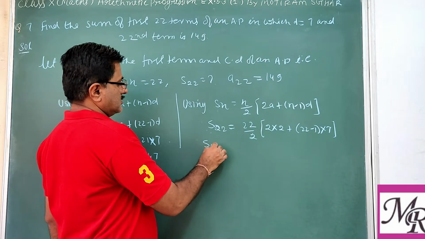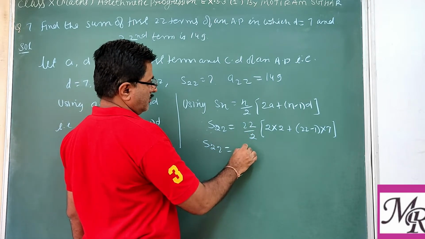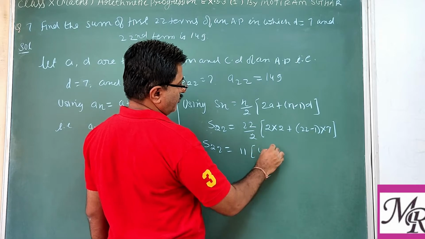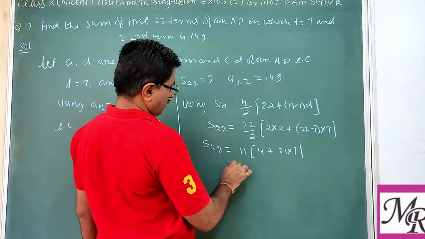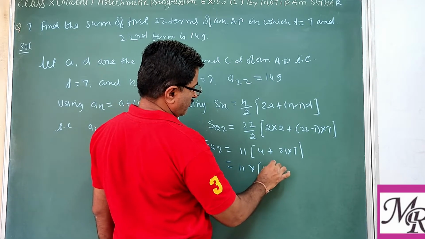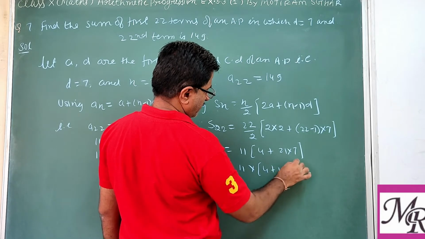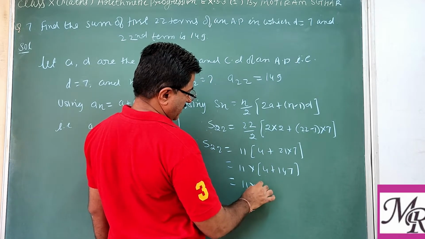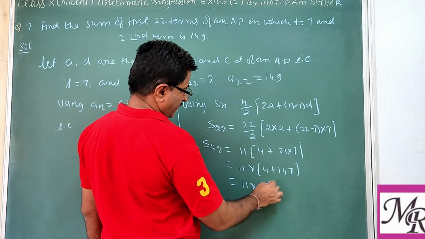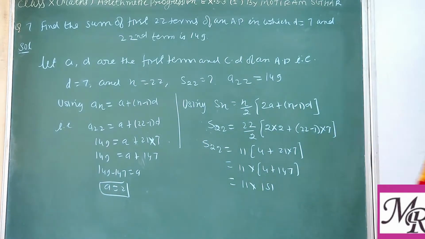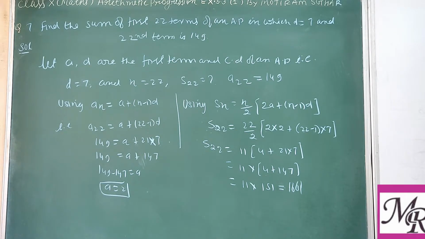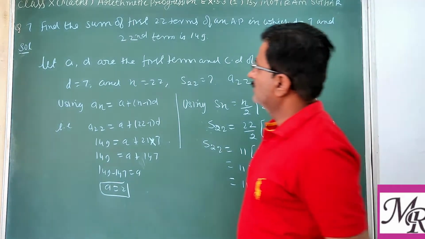So 22 by 2 is 11, 2 into 2 is 4, 22 minus 1 is 21, so 11 into (4 plus 7 times 21, which is 147). So 4 plus 147 is 151. You multiply this, 11 into 151, and the product is 1661, hence we get the sum.